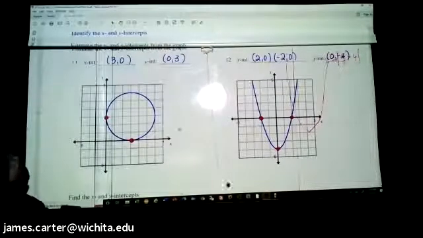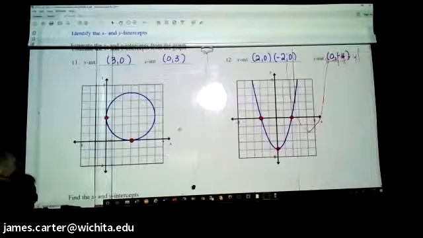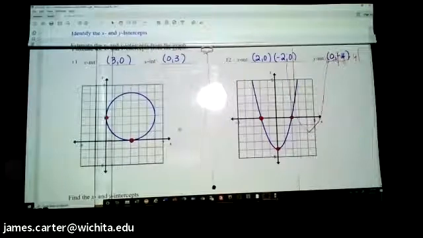Okay, identify the x and y intercepts. This one is relatively simple. Right there is where it hits the y-axis at the point 0, 3. Right there is where it hits the x-axis at the point 3, 0.